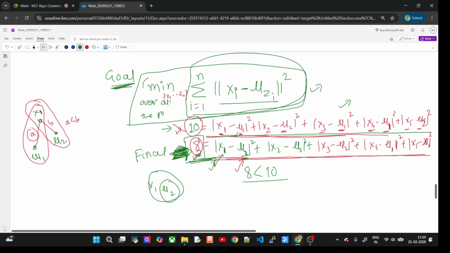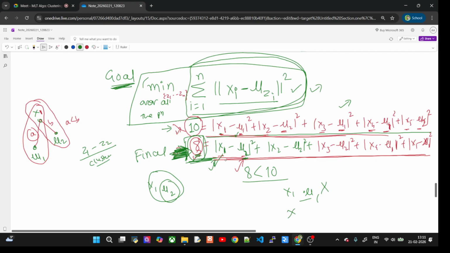this formula. Whenever I do the summation of xi minus mu zi whole square, the values of z, like z1 and z2, are your cluster indicators. So the value of the cluster indicator which gives me the minimum value of the complete summation of xi minus mu zi square is the combination I am interested in. Like in the first attempt I put x1 to mu1, that is not correct.